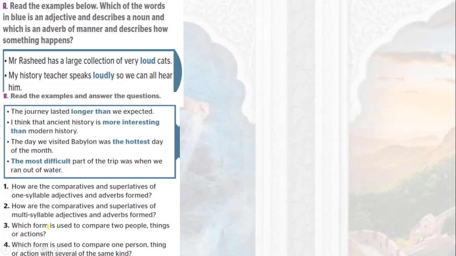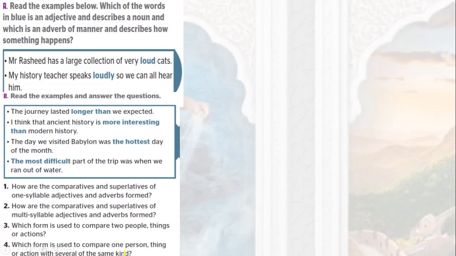And which form is used to compare two people, things, or actions? And which form is used to compare one person, thing, or action with several of the same kind? Pause the video, have a look at your student's book, and answer task A and B.